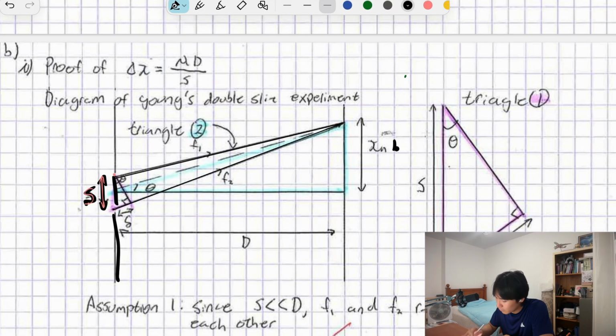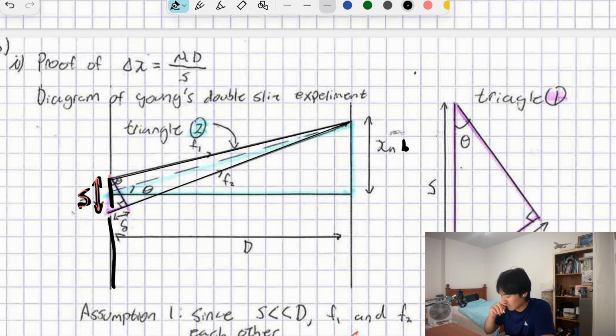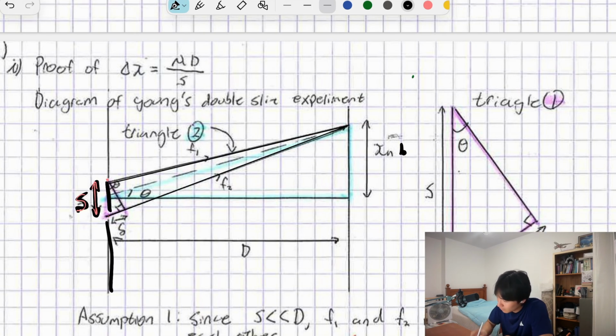And what we can also assume is, let's draw an approximate line from the middle of the diagram to the point where it hits the wall, okay? And then let's call this angle theta, right? And this is important, okay?